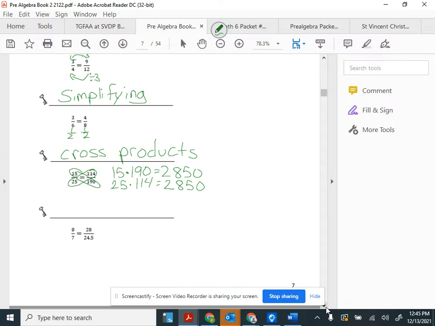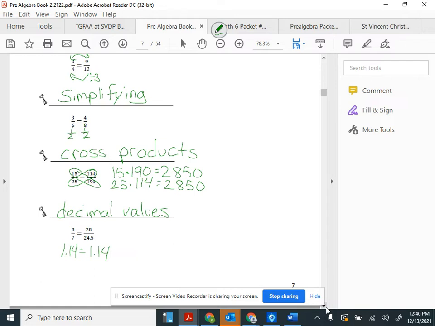Our very last one is decimal values. So if we divide 8 by 7, we get 1.14. And guess what? If we divide 28 by 24 and a half, we get 1.14.